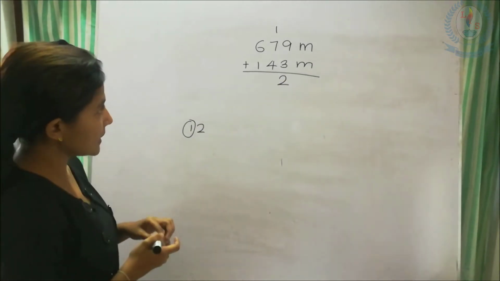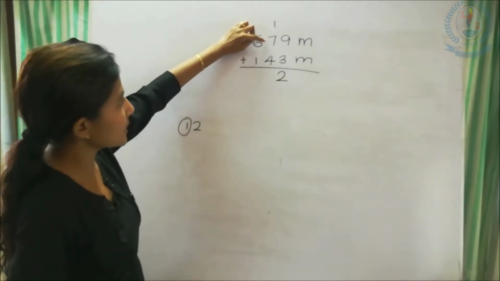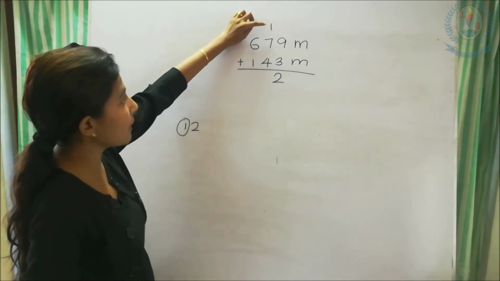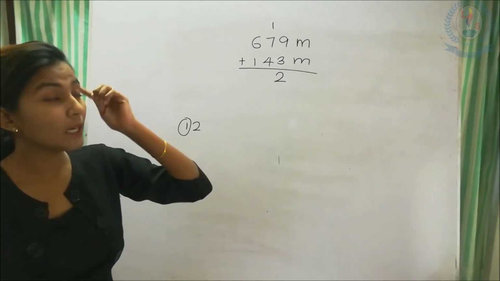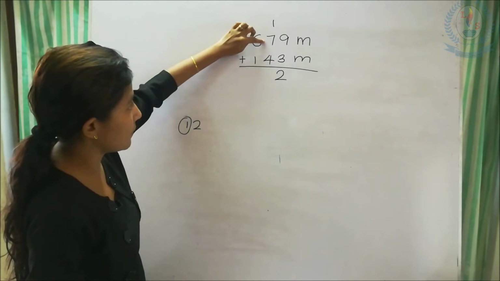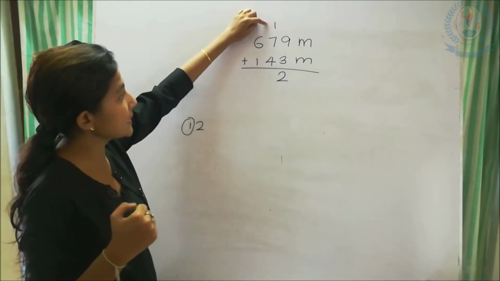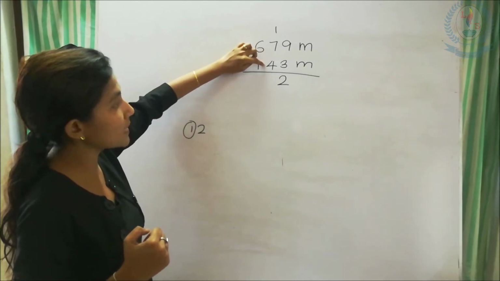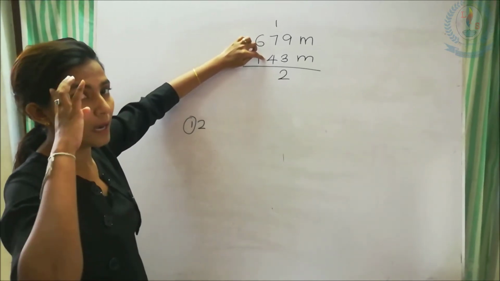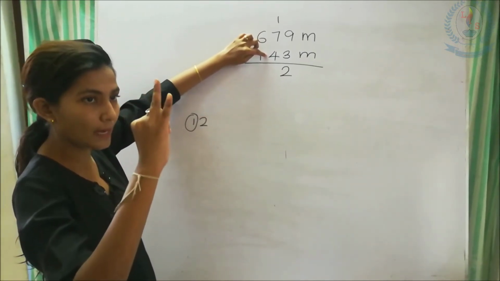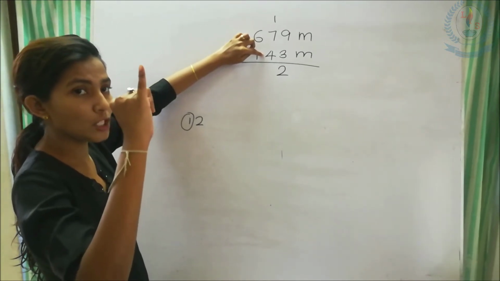Then we add this 1 and 7. The big number we normally keep in our mind. The big number is 7. 7 plus this 1 is 8. 8 plus 4. 8, 9, 10, 11, 12.